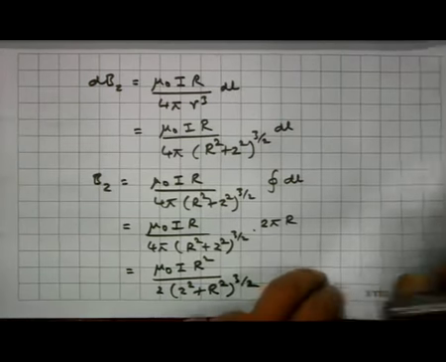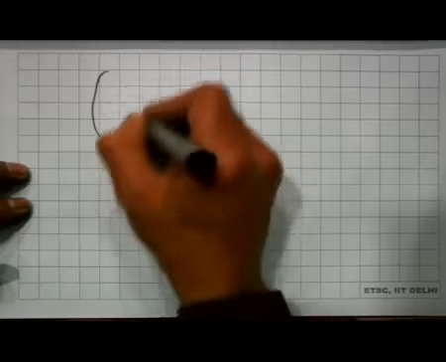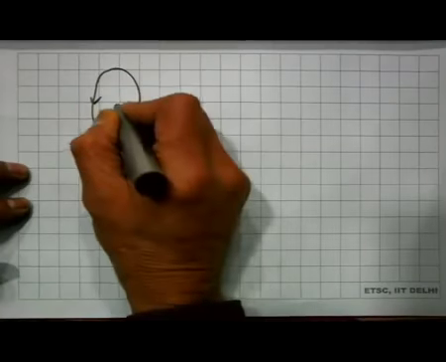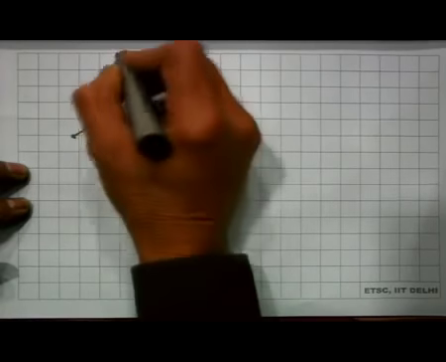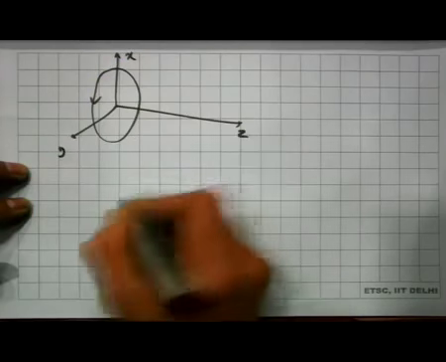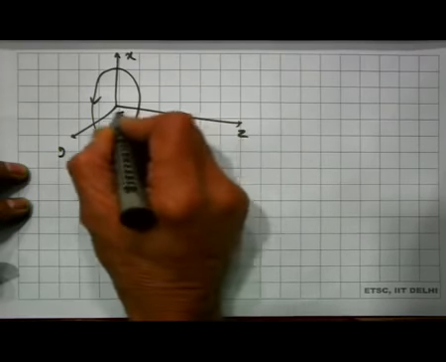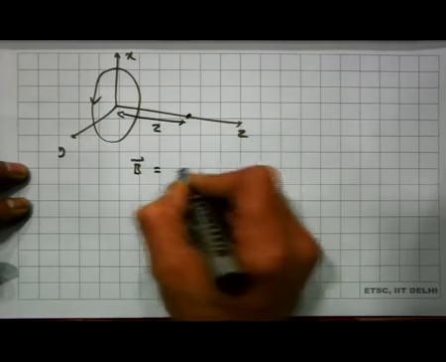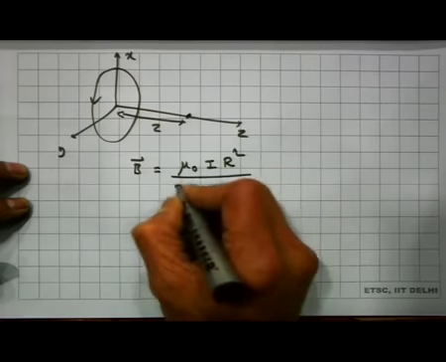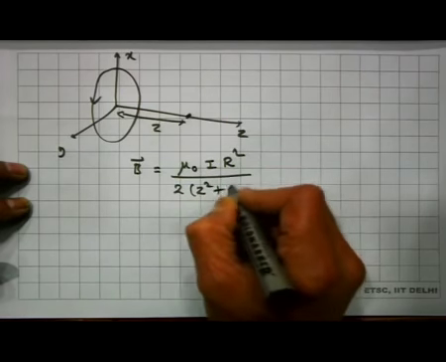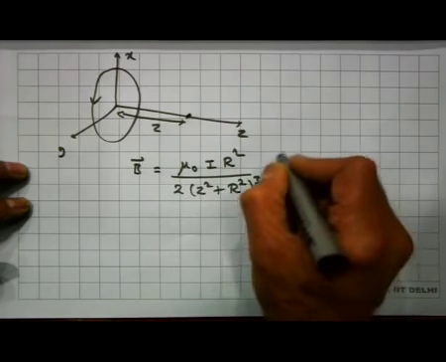So, I can write the total magnetic field. If this is my current loop, this is the z axis, x, y. So, the total magnetic field along the axis, at a point on the axis at a distance z from here, is equal to mu naught I r square by 2 times z square plus r square to the power 3 by 2 k cap.